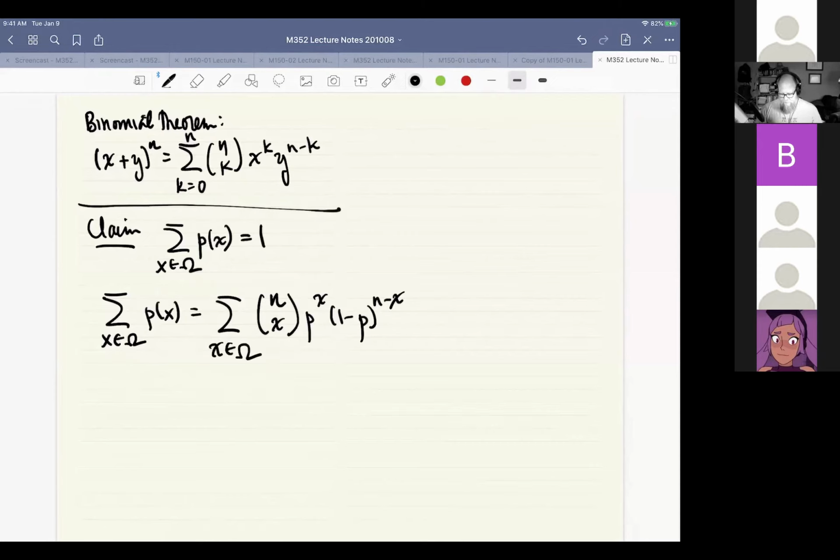That's the definition I brought to you. Now let's write this in a more familiar way. Since omega, my sample space, consists of the numbers from 0 to n, I'm just going to rewrite this in this way.